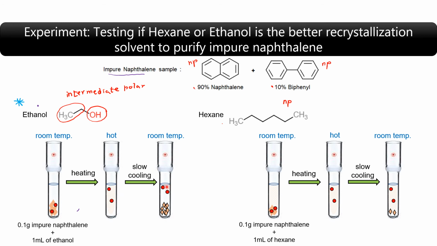Then we allow these solutions to slowly cool down back to room temperature, and that selective crystallization happens here, leaving out the impurities in the solution. And the same should happen with hexane, only that naphthalene is more readily soluble in hexane even at room temperature.